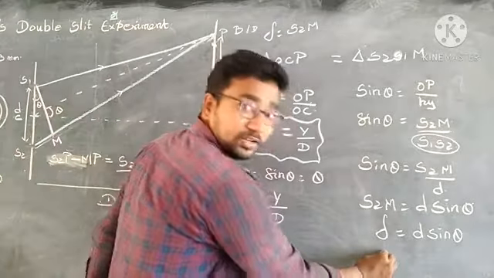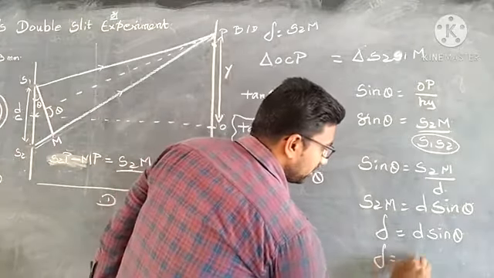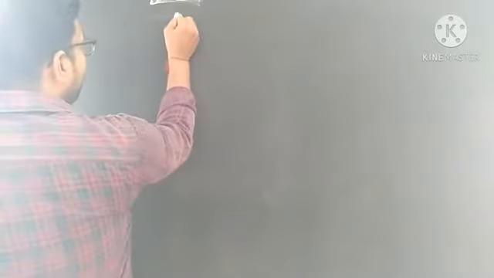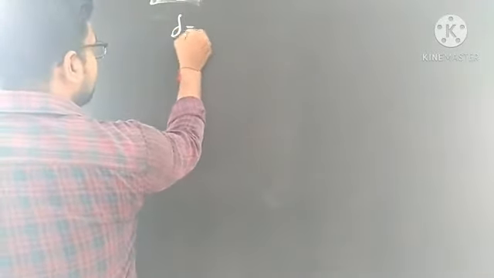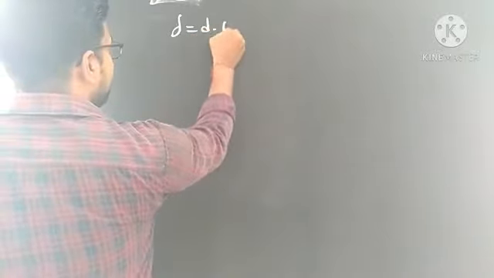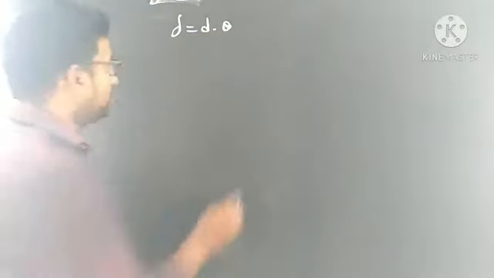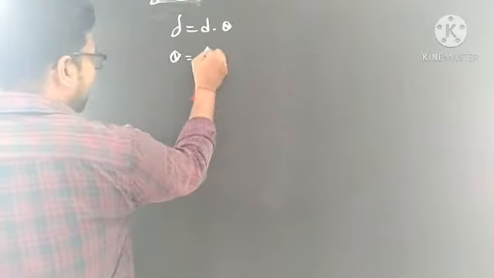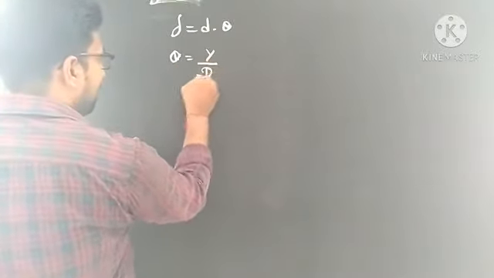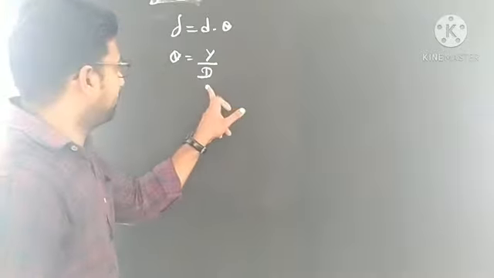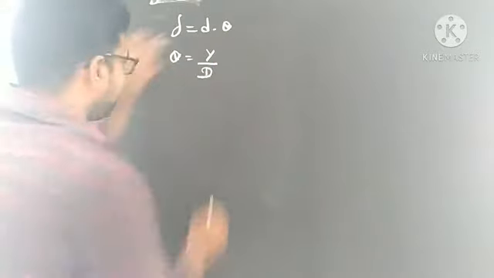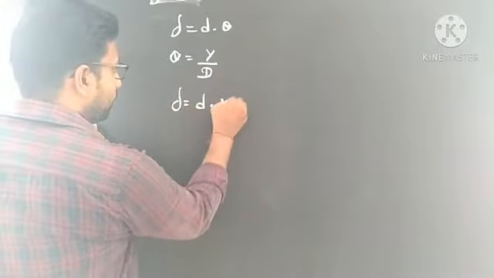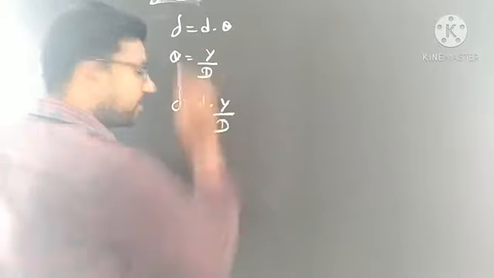Here the path difference delta is equal to d into theta. What is the value of theta? Theta is equal to y divided by D. Now I am going to substitute the value of theta in the path difference. So delta is equal to d into y divided by D.